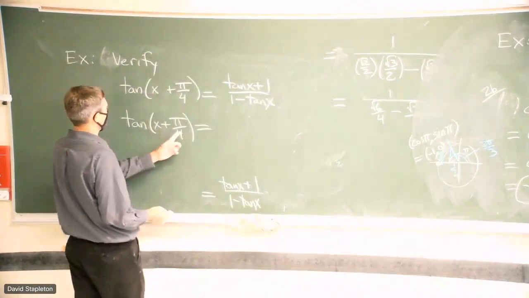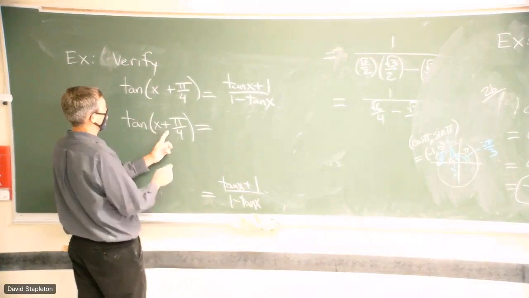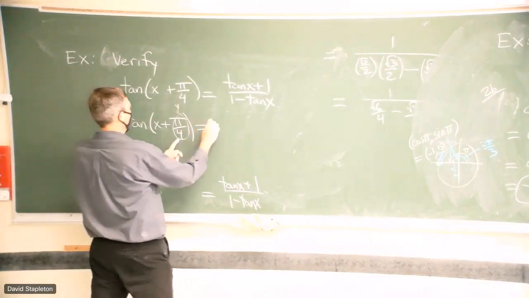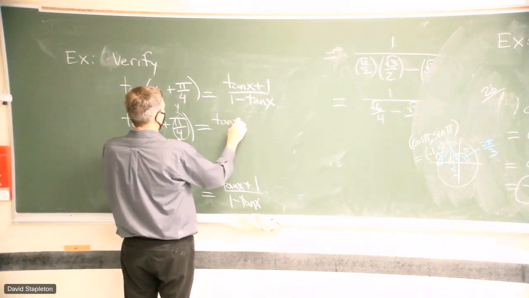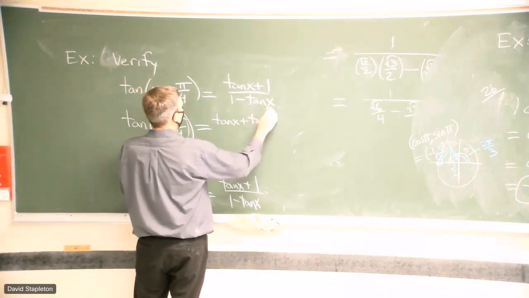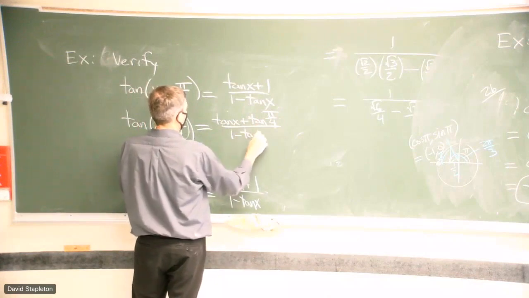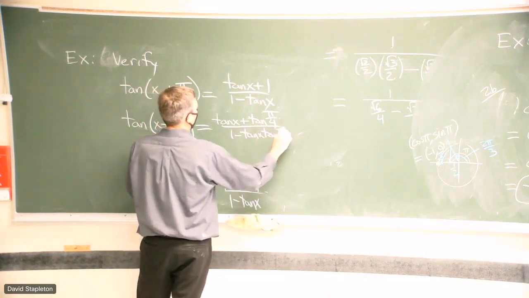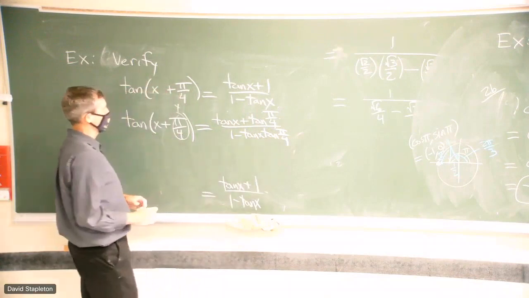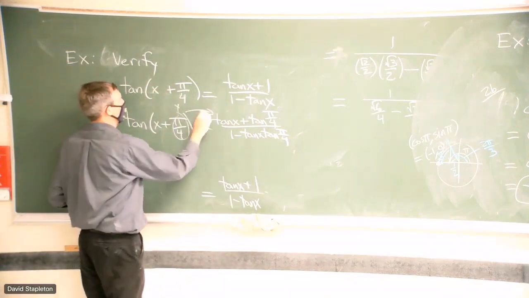So you get rid of this using the sum of angles formula and say tangent of x plus y is tangent plus tangent over 1 minus tangent tangent. Right? So there it is. This is by rule 0.